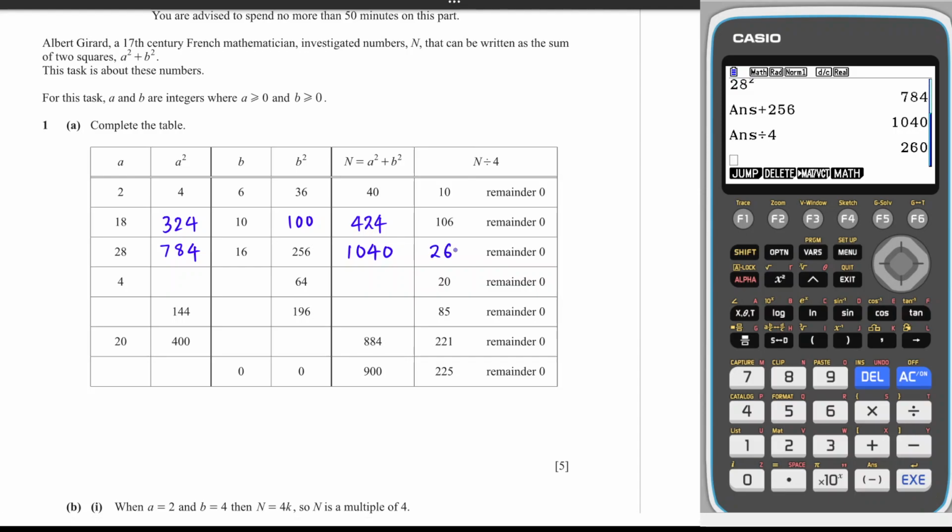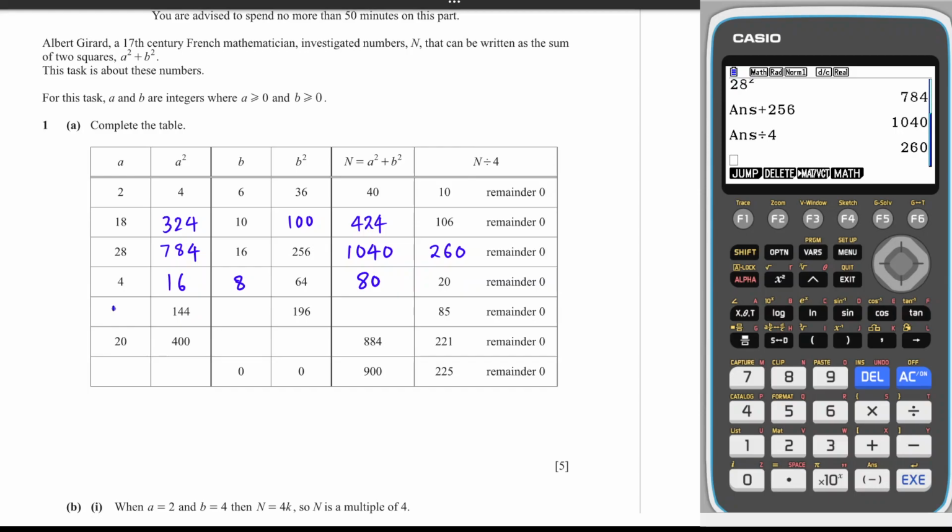So the remainder is 0 here also. Moving further, we have 4 squared is 16 and the square of 8 is 64. So this will be 8 over here. 16 plus 64 gives me 80. 80 divided by 4 is 20.